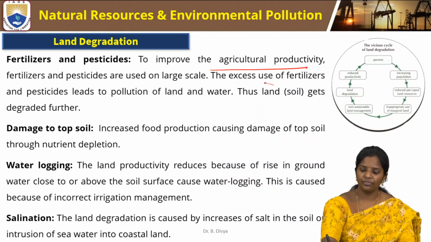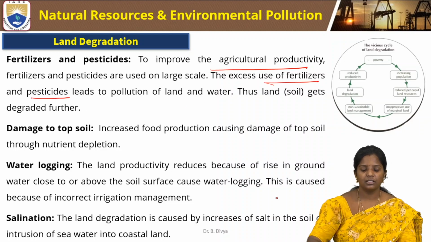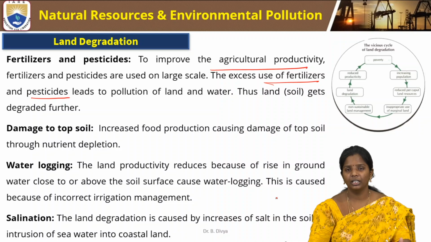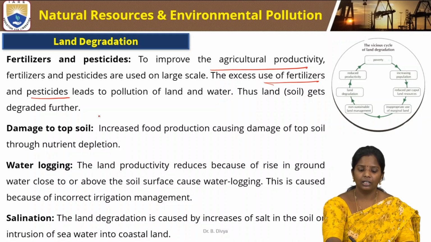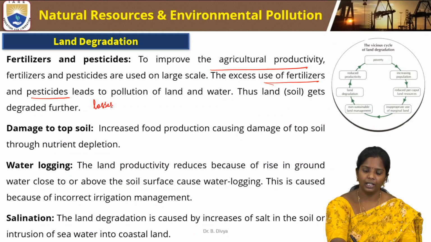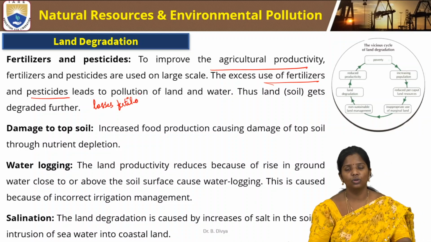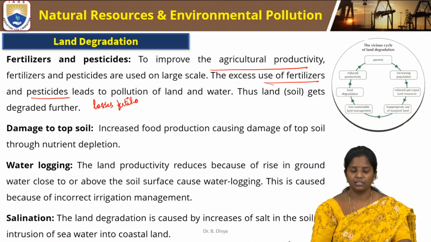Excess use of these fertilizers and pesticides will definitely pollute the land and the water that is present. Thus the soil gets degraded. It loses fertility, obviously after some generations. So that is how the degradation takes place.